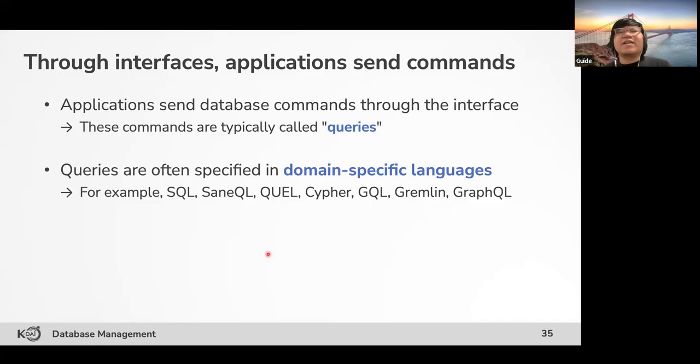Queries are often specified in domain-specific languages. Typically, they are not common programming languages. They are languages built specifically for a specific domain, and in this case, languages built specifically for interacting with database management systems.